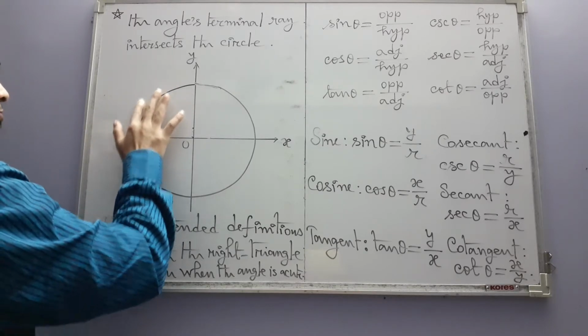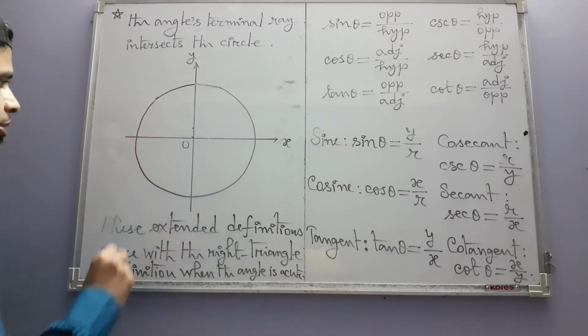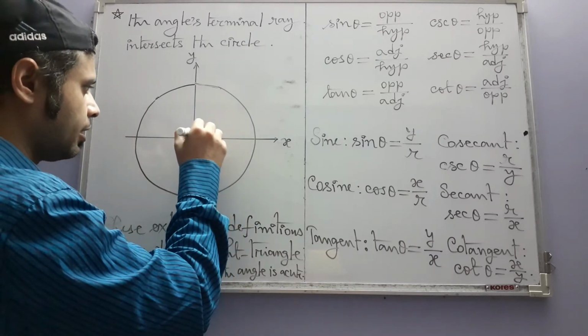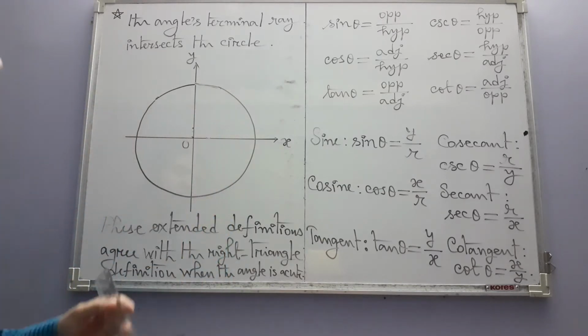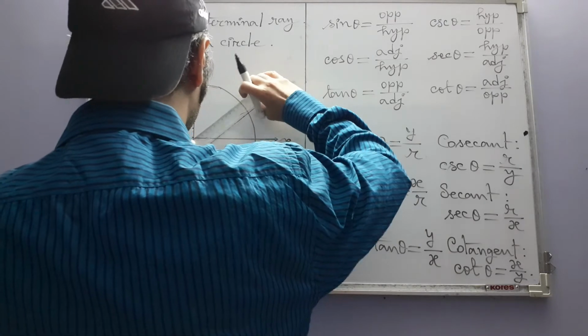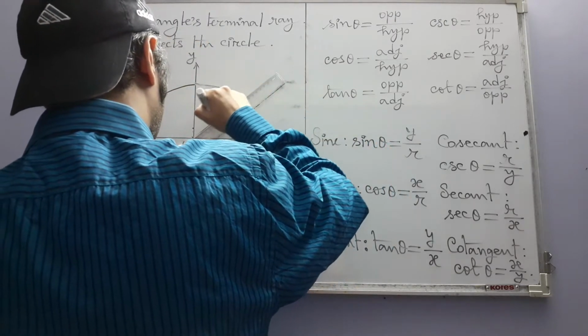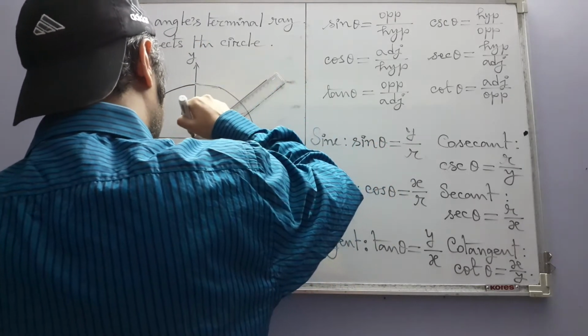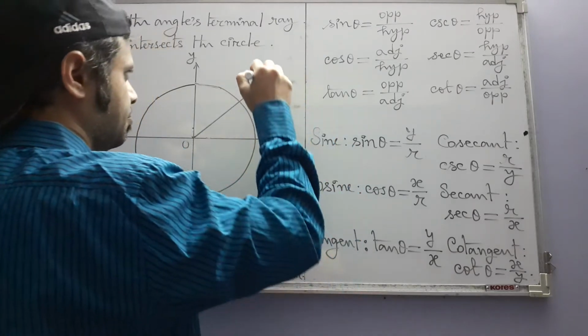Some positive real number r is the radius of the circle, and now our angle is like this. So this is the terminal ray of the angle.